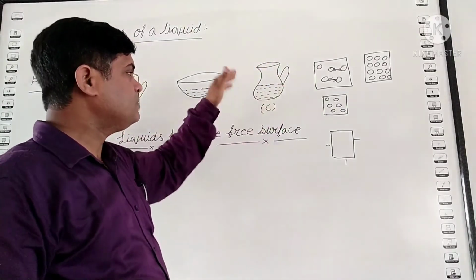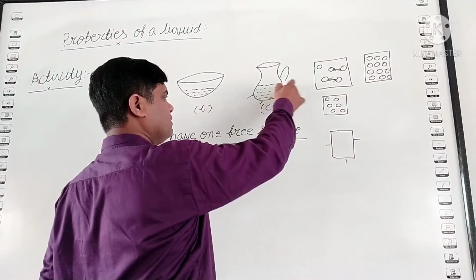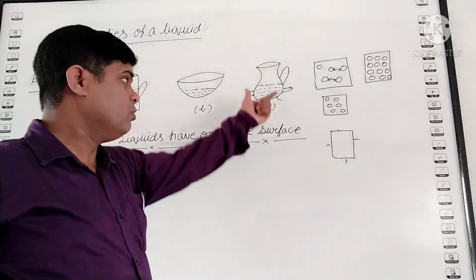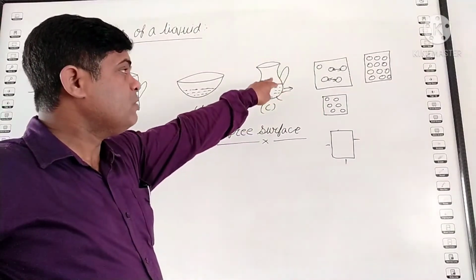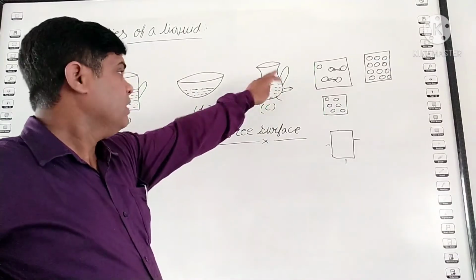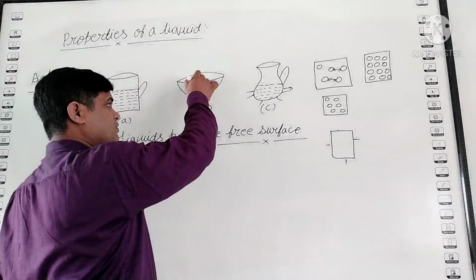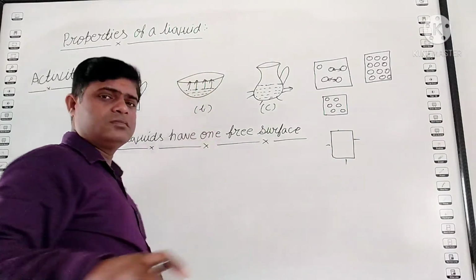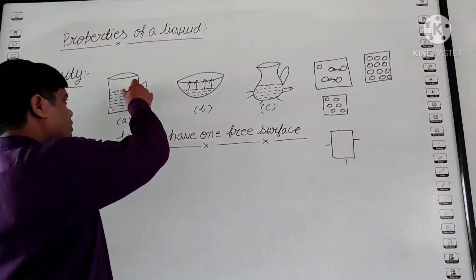On the other sides, see, the container holds it by the wall. So how many free surfaces? Only 1 free surface. In the bowl also only 1 free surface. Clear? And in the jug, also only 1 free surface.